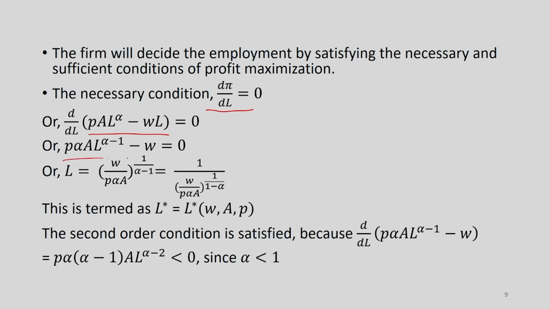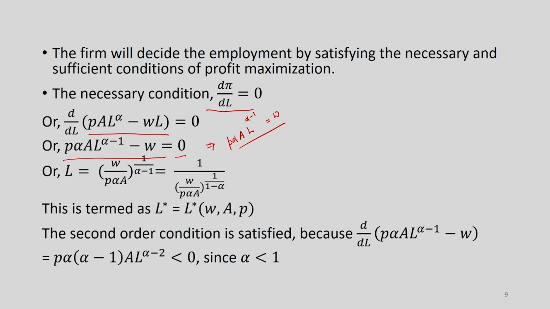I take the derivative of this. So, I get p alpha A L^(alpha minus 1) minus w is equal to 0. This can be rewritten as p alpha A L^(alpha minus 1) is equal to w, just adding w to both sides.